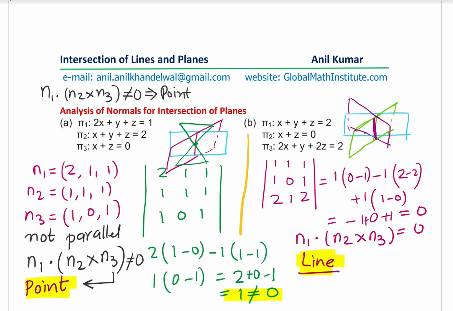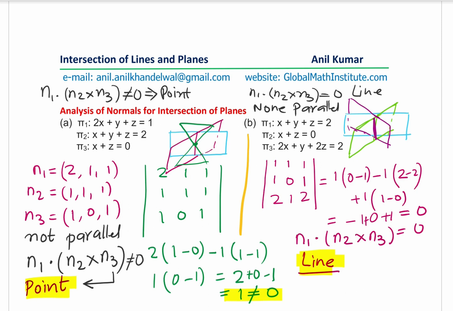But if it is equal to 0, then we are getting a line of intersection. Also important, in this case, the planes are non-parallel. Therefore, all are intersecting at a point or a line.